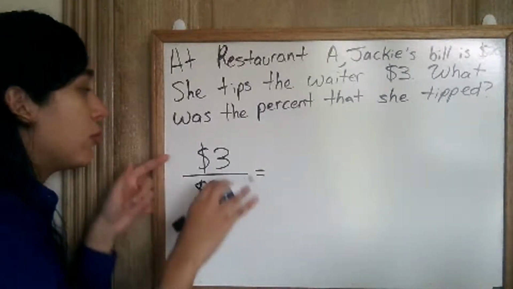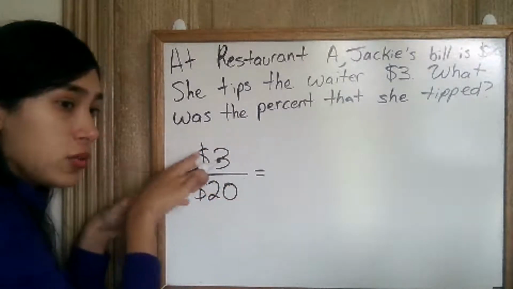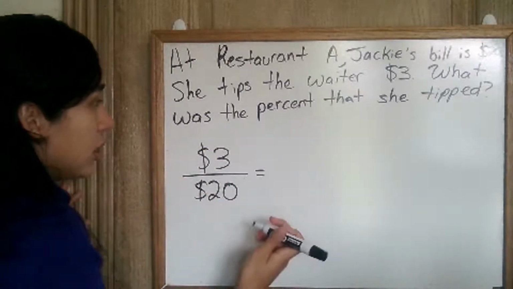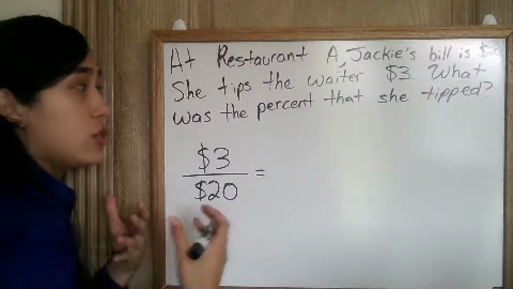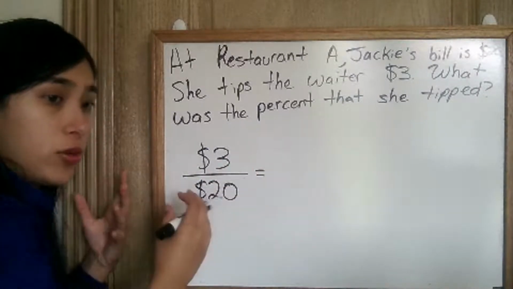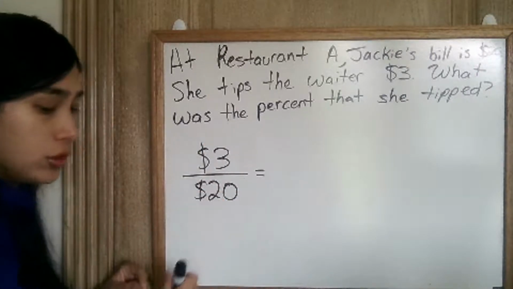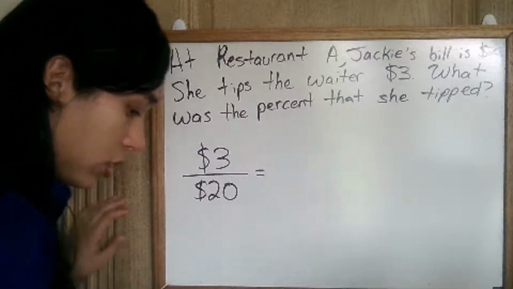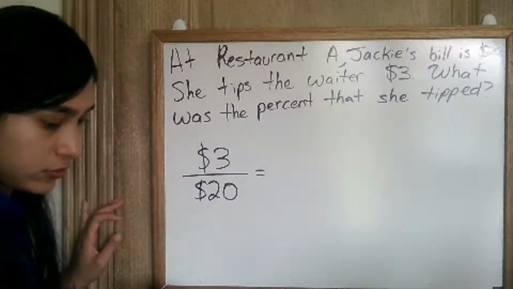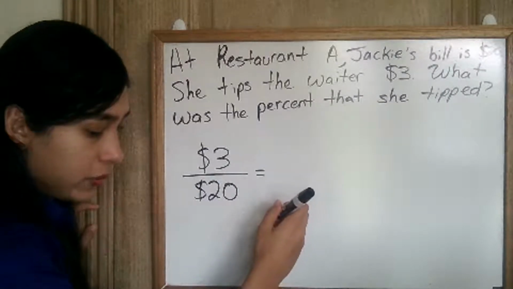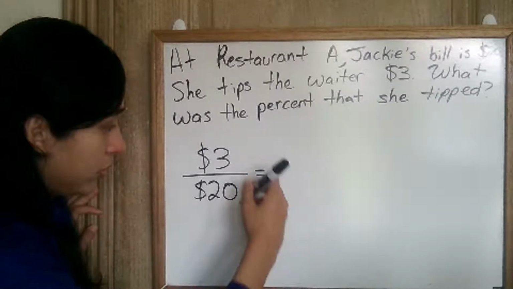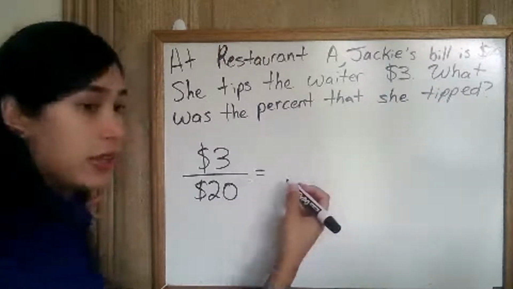We also know for sure that it's going to be organized this way, because we're talking of how much she tipped. So the tip part, our focus, is going to be the numerator, which is the $3. So if we go ahead and work with this, again, we have the part and the base. We're going to go ahead and multiply it by 5 like we did previously.